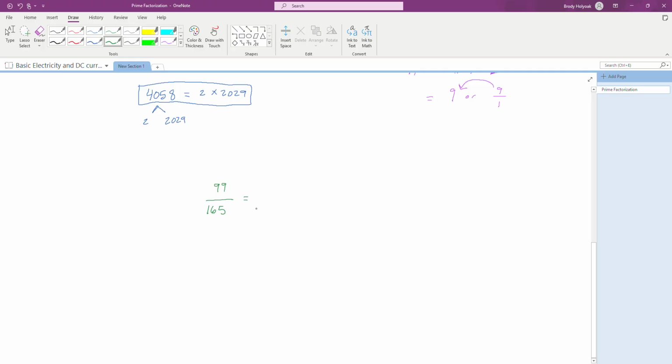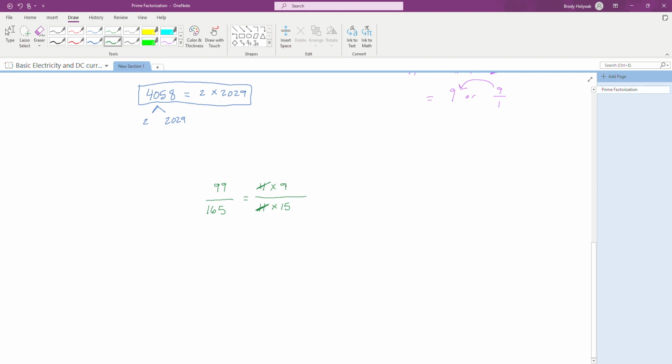So 165 is going to break up into 11 times 15. Now we know that the 99 is going to split up to 11 times 9. And that actually did kind of help us a little bit, because now we've got an 11 on top, 11 on bottom, so those are going to cancel each other out.